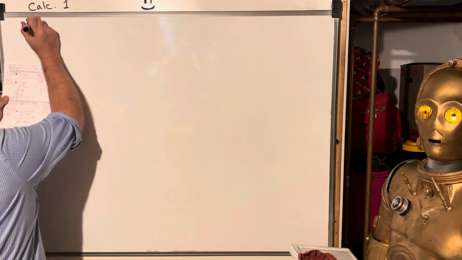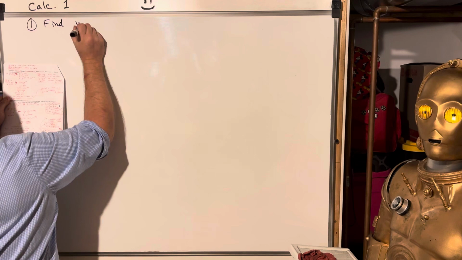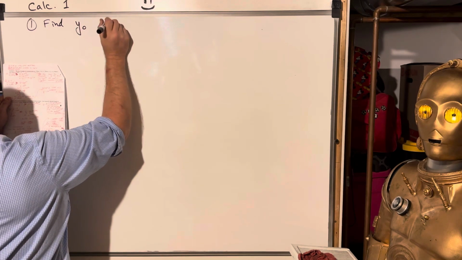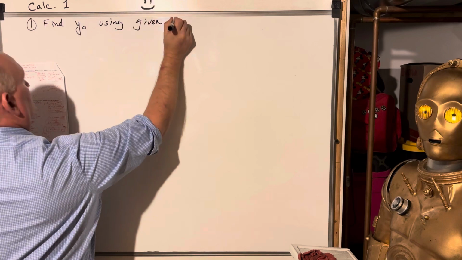All right, so number 1, find u naught, or y naught, using given conditions.